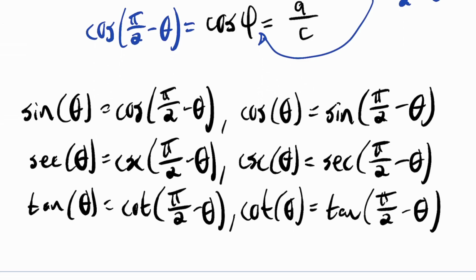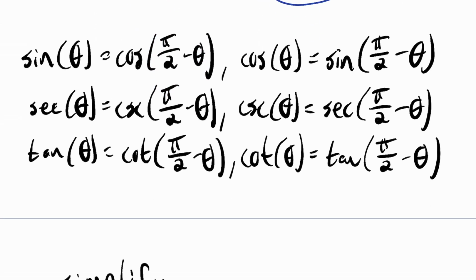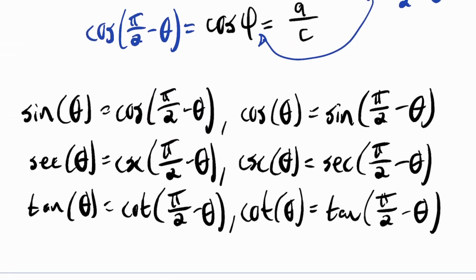So in other words, if you have one trig function, like sine, and you would like to have cosine, but you don't care what the input is, you can switch to the cofunction by inserting pi over 2 minus in front of theta. So I've basically listed them, but later on we'll need to switch from one trig function to its cofunction by introducing a pi over 2 minus in front of the theta.